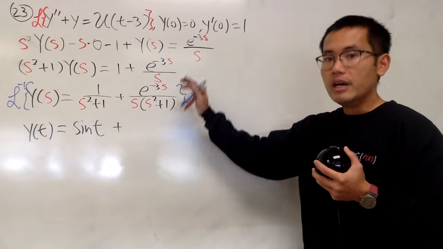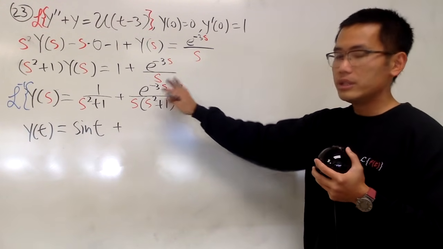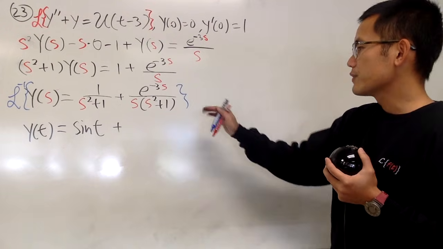What you do is ignore the e to the negative 3s for now and focus on this part.